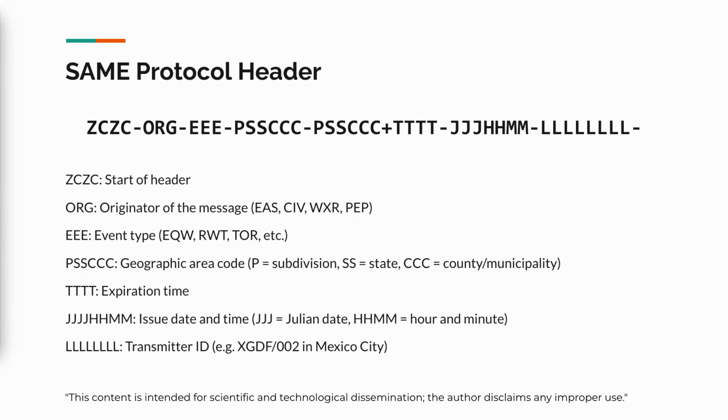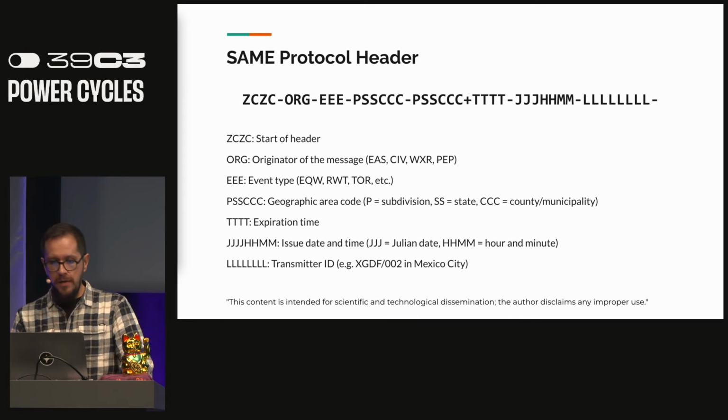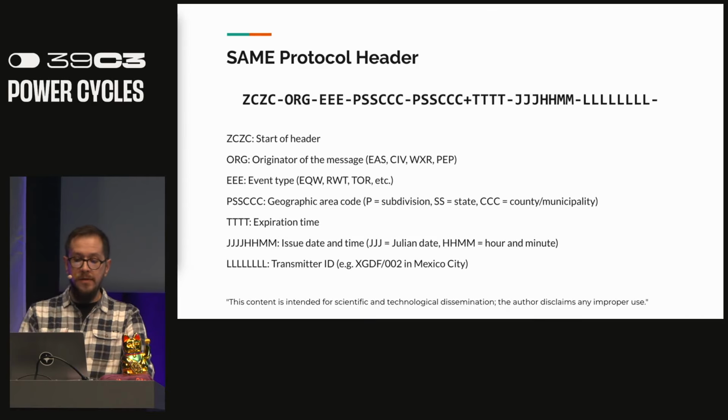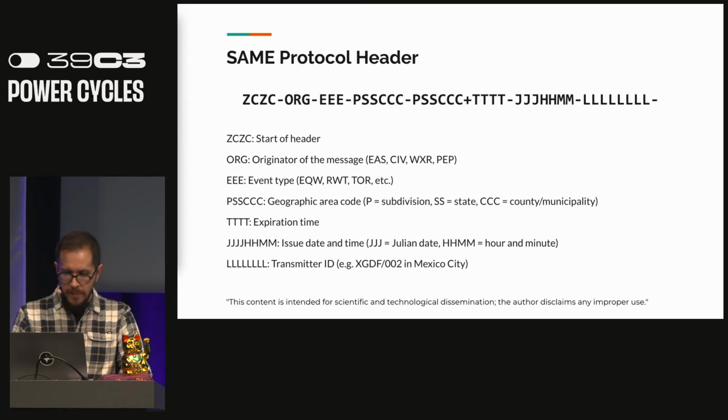And there is an expiration time, an issue date and time, and the ID of the transmitter. So that's what they are sending through the waves to alert. For example, for the event type, EQW is an earthquake warning, RWT is a regular weekly test, and TOR is a tornado. There are like 100 codes that you can check in the spec.